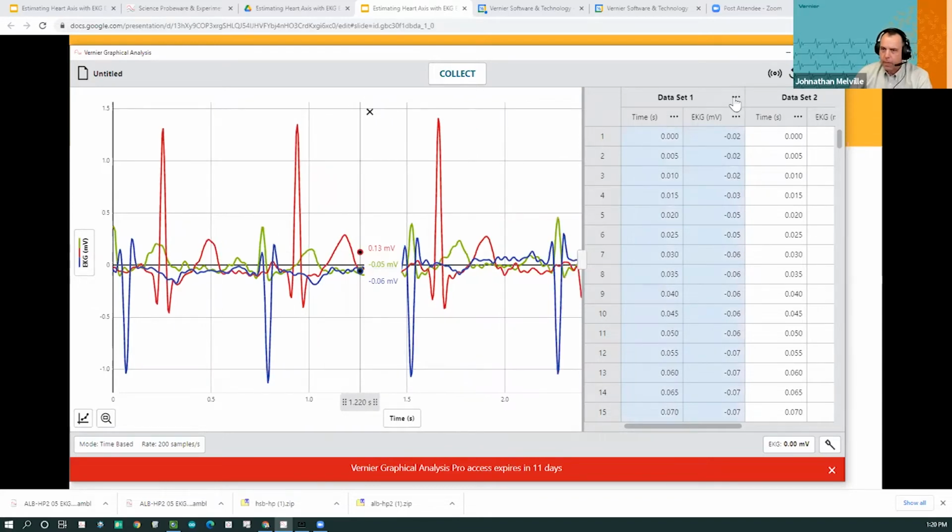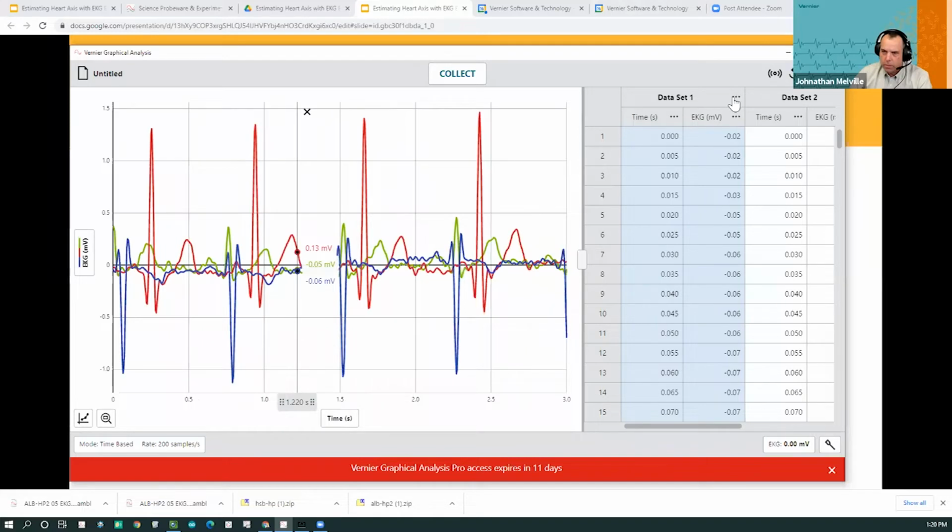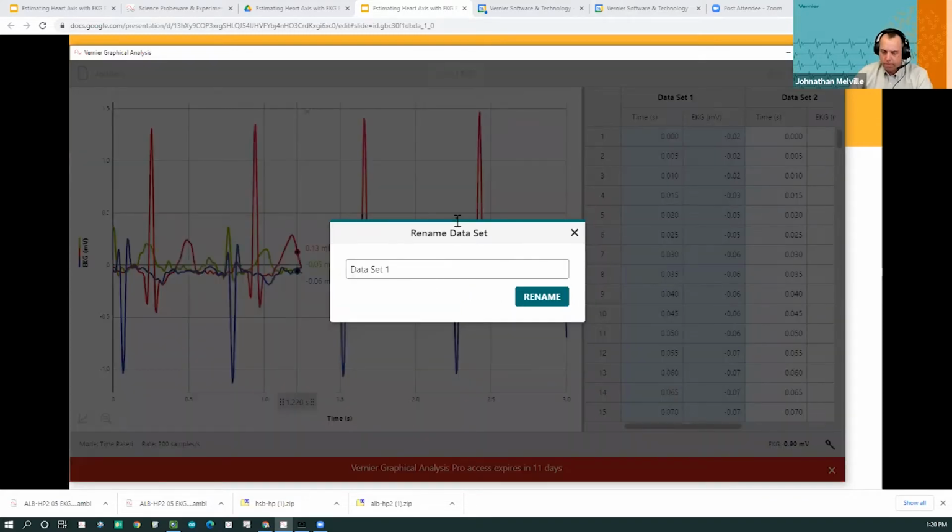I'm going to say data set 1. It's getting a little slow there. Reset data set 1, rename it lead 1.